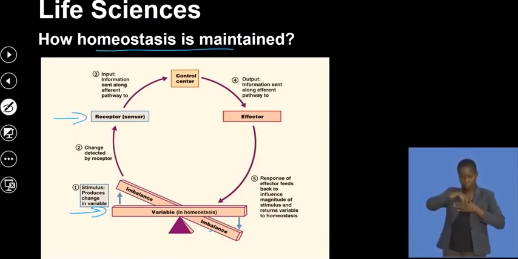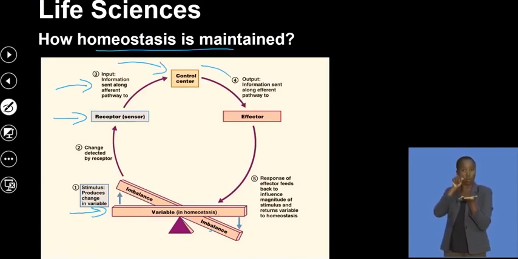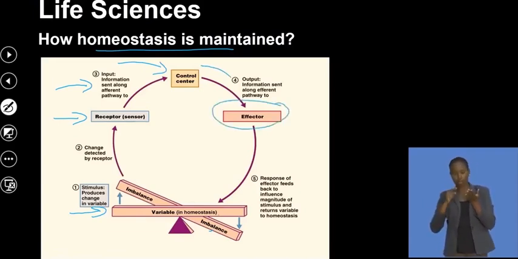It will then inform the control center, which sends a signal to an organ called the effector. That effector will then respond to the stimulus and bring about a change, which will try to bring the body back to balance or restore what the imbalance was.